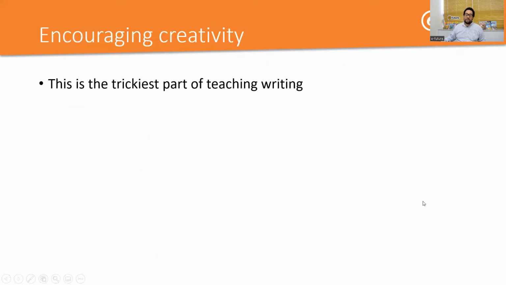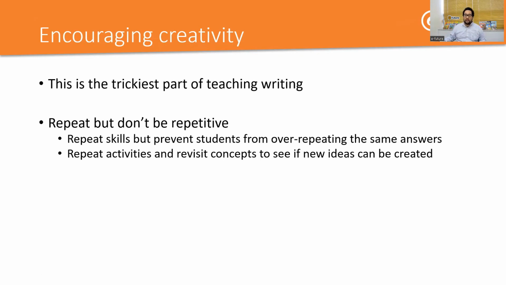And of course, encouraging creativity is the trickiest part of teaching writing, because you really have to do a lot of the same things over and over. You want to repeat the same skills, the same activities, revisit concepts, revisit your objective, but you don't want to be repetitive. You don't want the students to be repeating the same answers, because then you lose that creativity.